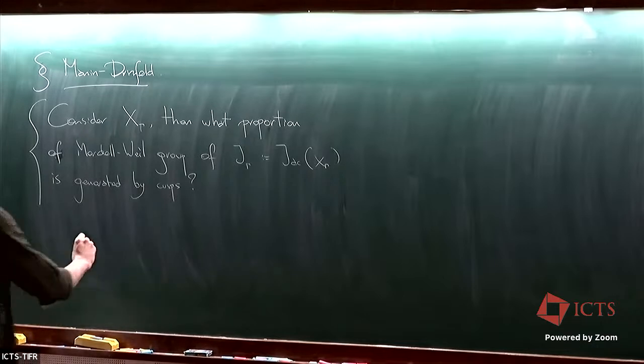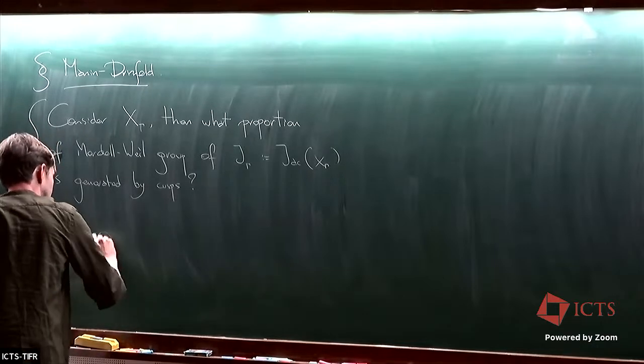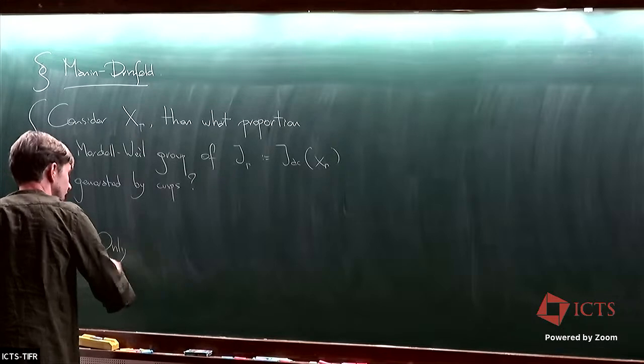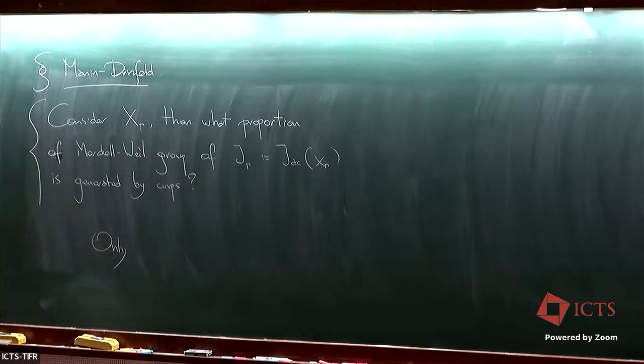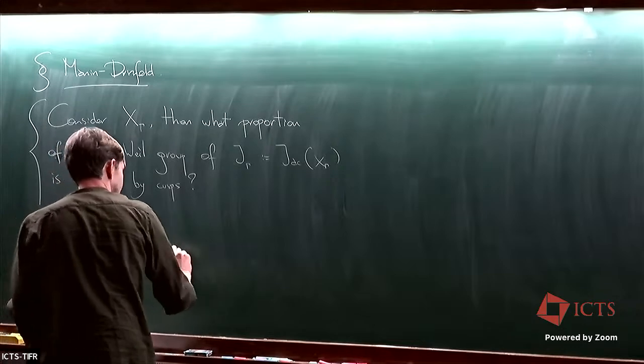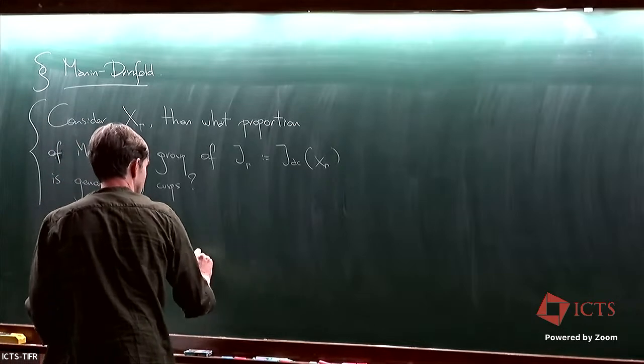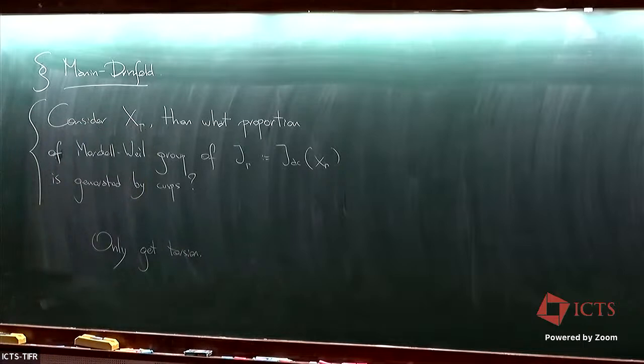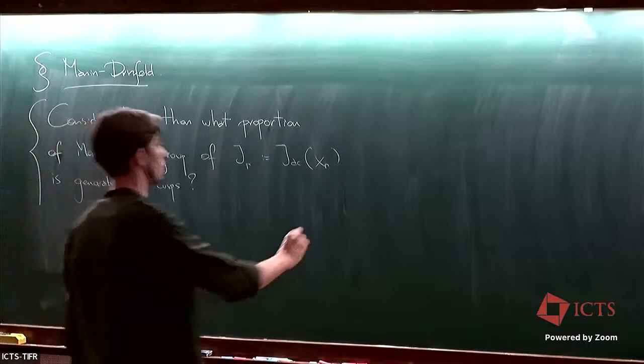The answer is, well, I'm not going to tell you the precise answer, but I'll tell you something, and that's what the theorem of Manin and Drinfeld is telling us, really, is that you only get torsion in this way. In other words, every divisor that gives rise to a point on the Jacobian that is supported at the cusps is necessarily of finite order in the Jacobian.